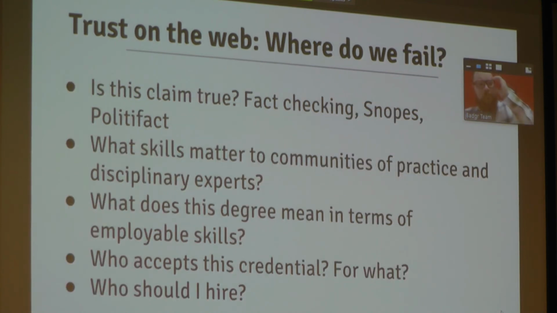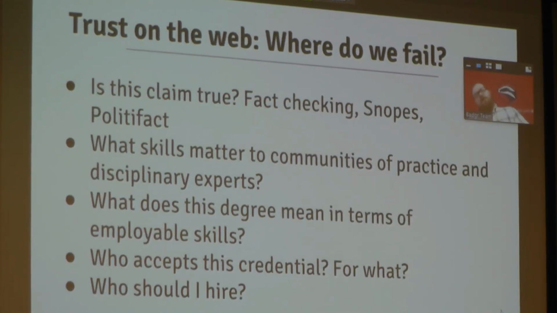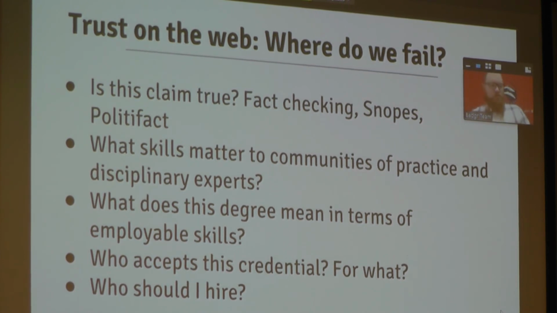I wanted to ask a couple of questions to consider about the state of trust on the web right now. What are we doing wrong? So we have sites like Snopes, PolitiFact.